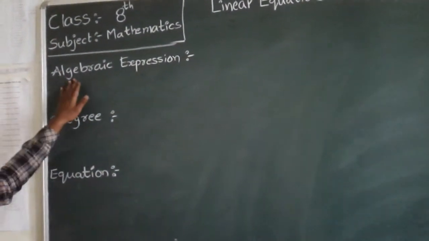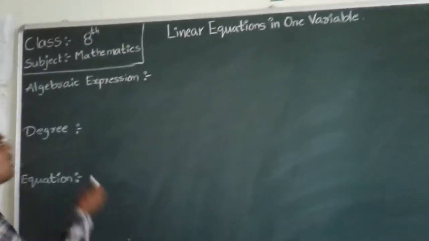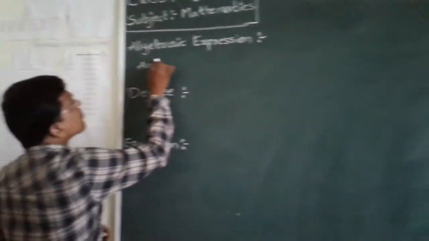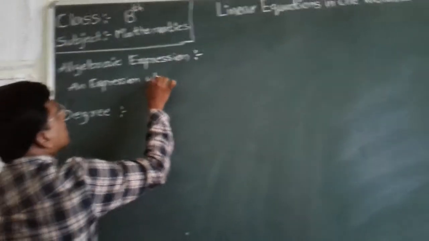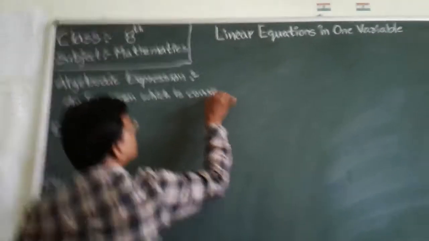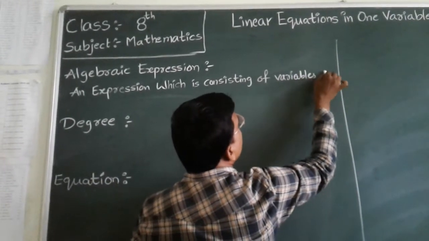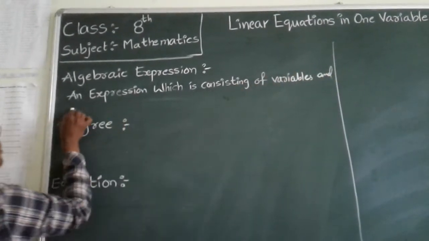So, what is meant by algebraic expression? An algebraic expression is an expression consisting of variables and constant terms.